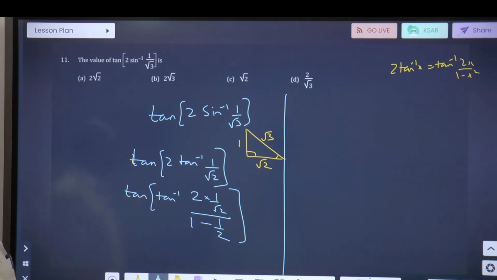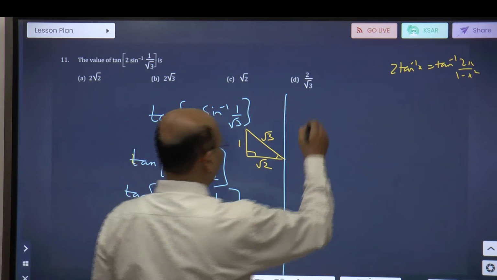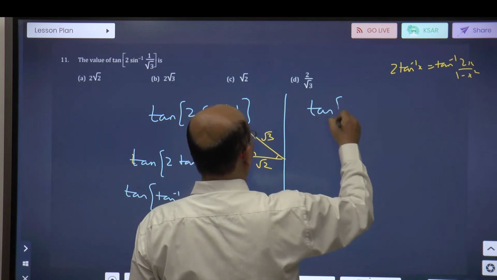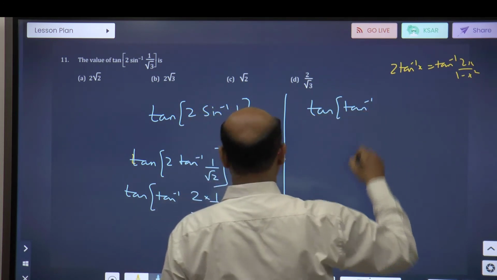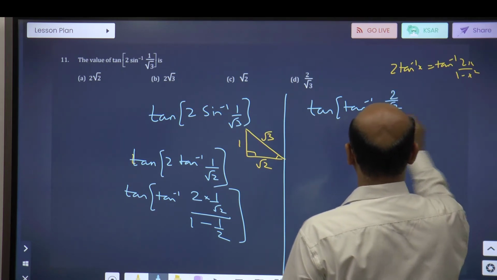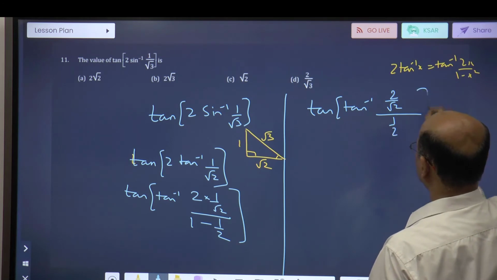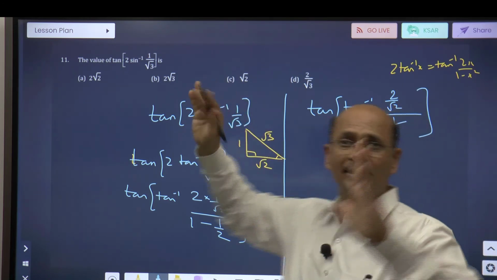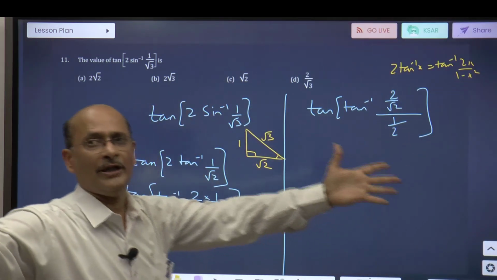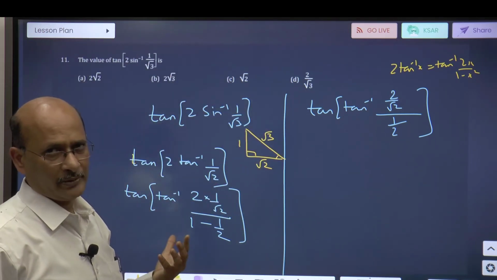Check it, what happens. So now let's simplify this. This will be tan, this will be tan inverse as it is. Now the solving here will be 2 upon √2 upon 1 minus half, which will be half. I am not doing anything about the advanced knowledge which I had given you. I am just sticking to the basics that my teacher has taught me.